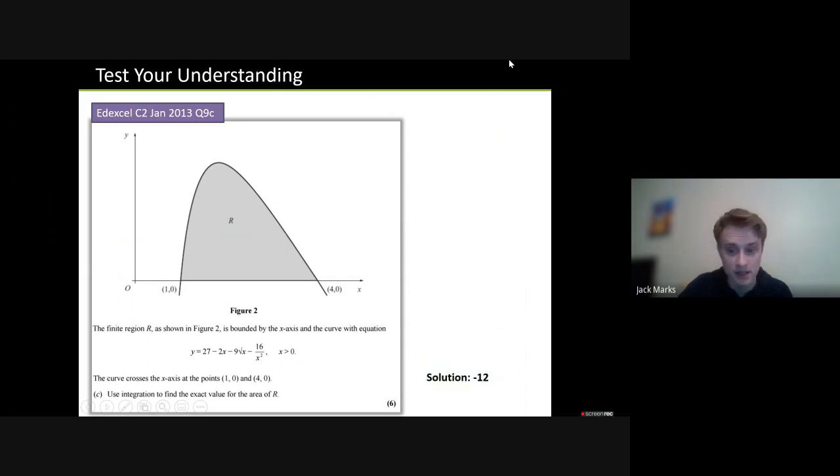We should get minus 12, okay, as our answer. I'm just going to double check that answer, actually. So with my calculator, between 4 and 1, I'll type in the function: 27 minus 2x minus 9 root x minus 16 over x squared.